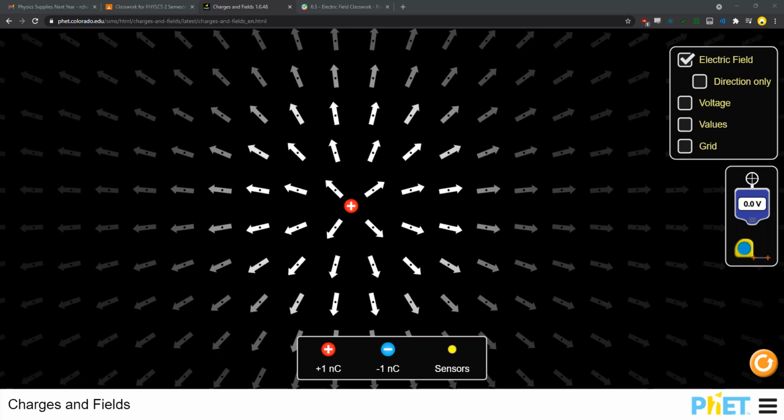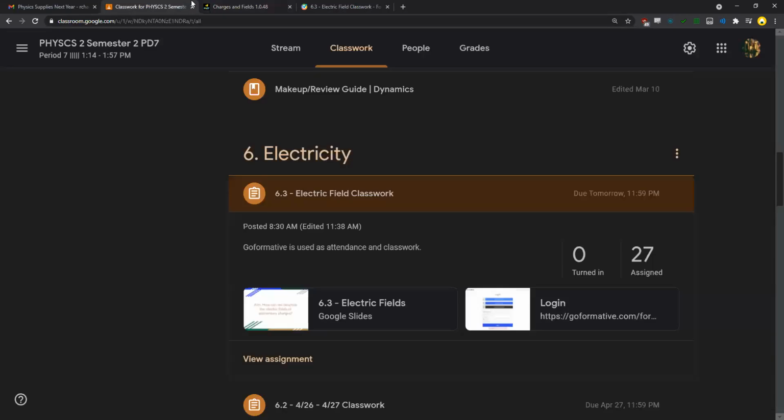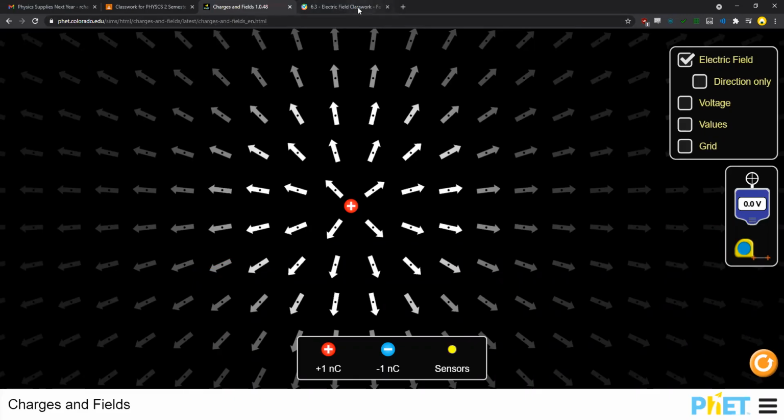Look at the arrow. This object barely feels anything, but as you get closer and closer, the electrostatic force of repulsion increases. The electric force decreases as you get farther away, which makes sense, because if it didn't, we'd all start attracting one another. You don't want the distance to be infinite.